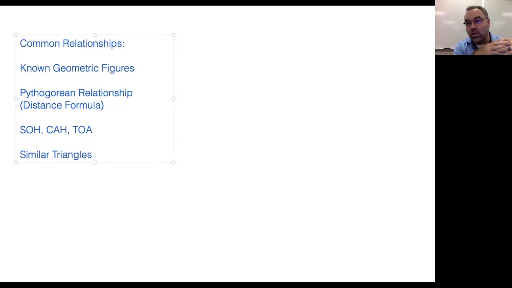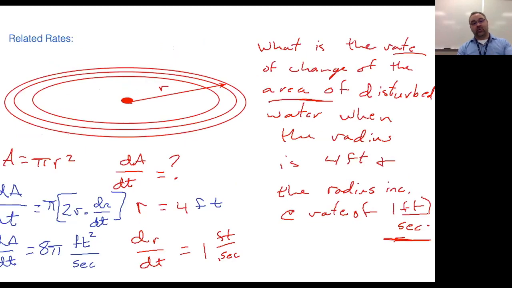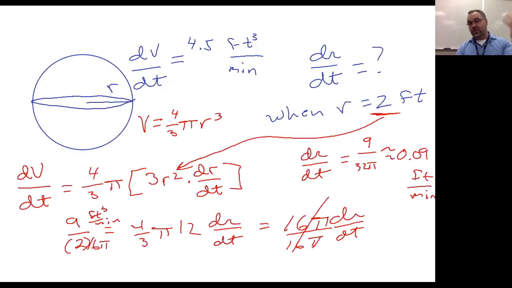A lot of times a related rate problem comes down to a similar triangle question. My first two examples were definitely known geometrics, right? We started with a circle and used the area of a circle, a formula from geometry we know pretty well. We used the volume of a sphere.